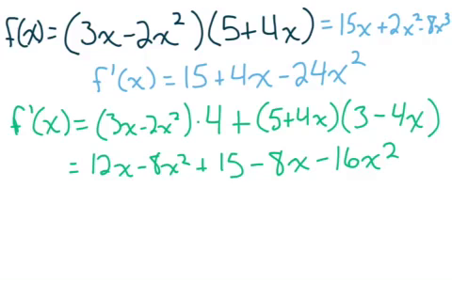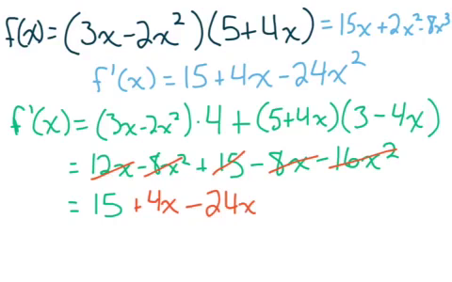And we can see that when we combine our like terms, the only constant term I have is 15. I have 12x minus 8x, which gives me plus 4x. And then I see minus 8x squared and minus 16x squared gives me minus 24x squared.